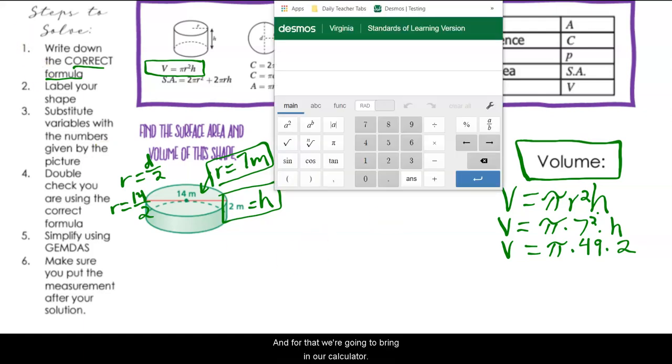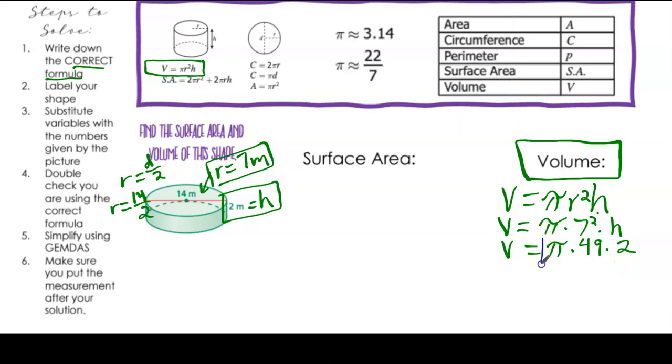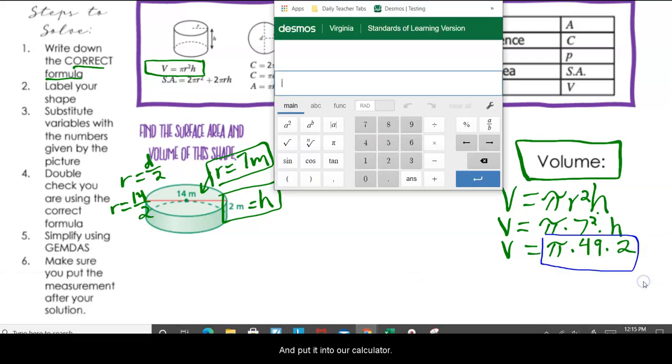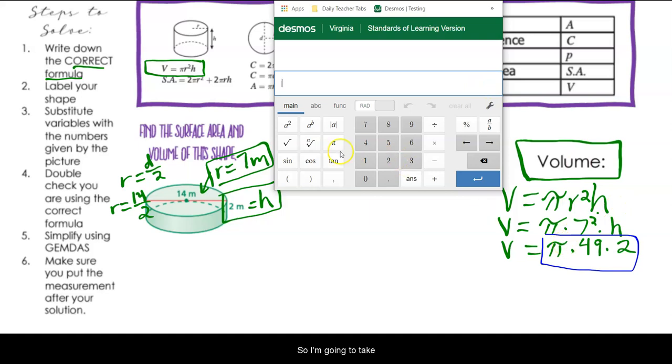And for that, we're going to bring in our calculator. So make sure you have your calculator open so that you can do this problem along with us. If we just want to do it the regular way, I'm going to take all of this down here and put it into our calculator. So I'm going to take pi. Let's see if we can find pi.